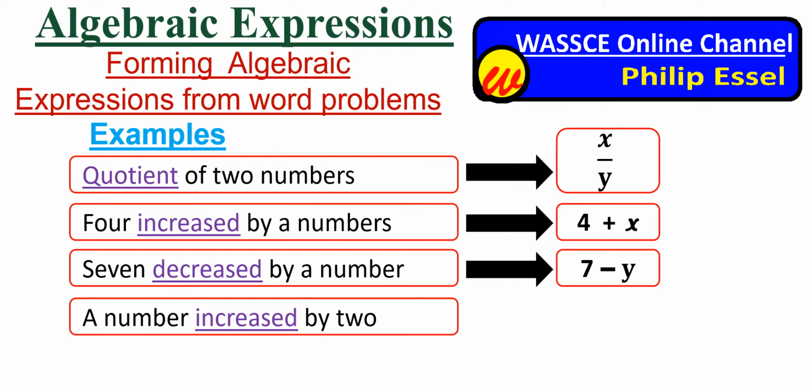We would write that number first, then we are going to increase it. To increase we have to add, so we add 2 to that unknown number. When we do this, we would get the unknown number y increased by, that will be plus 2, the number 2.